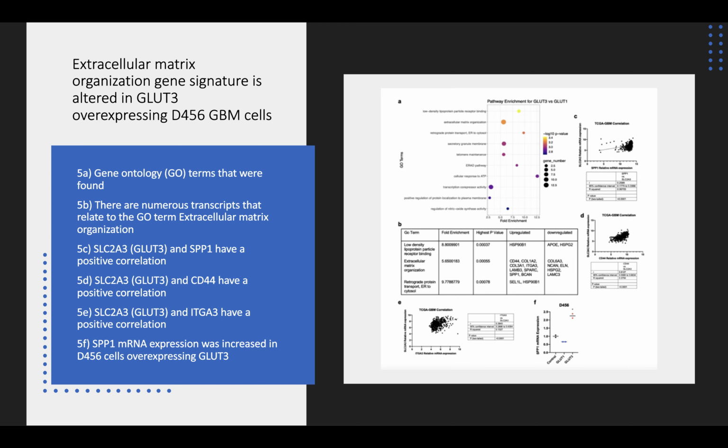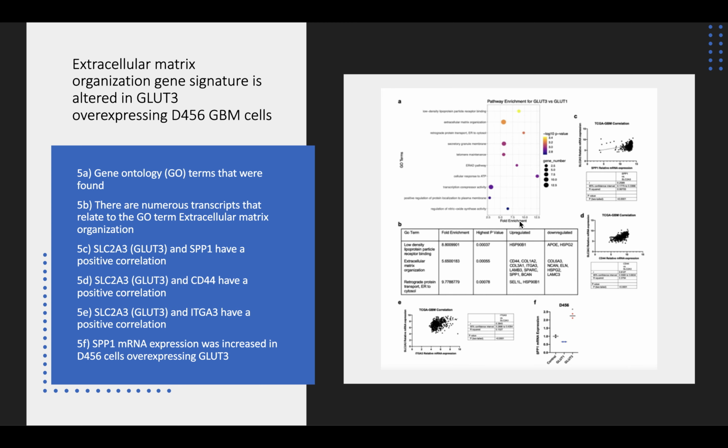In 5A, one may notice from the results that on the y-axis are the GO terms, meaning gene ontology terms that were found, and this is as it relates to pathway enrichment for GLUT3 versus GLUT1.